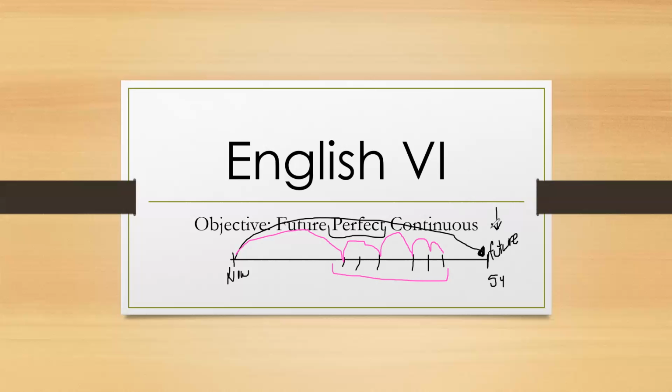By the time I graduate, I will have studied maths, I will have passed the exam, etc. Right? So this is the future perfect. It is like the past of the future. Or in other words, the previous actions that will take place before the future. Okay, so that's the future perfect.